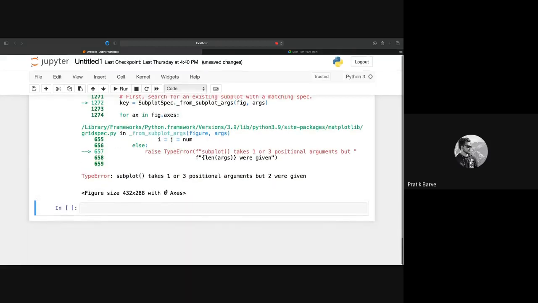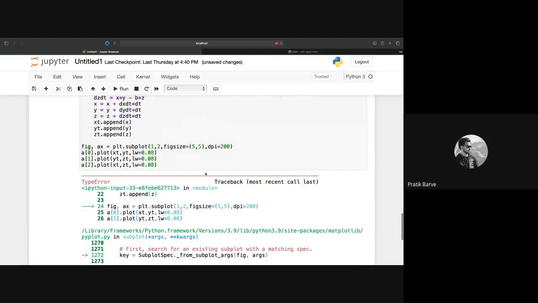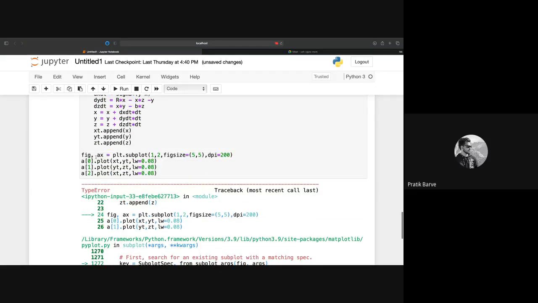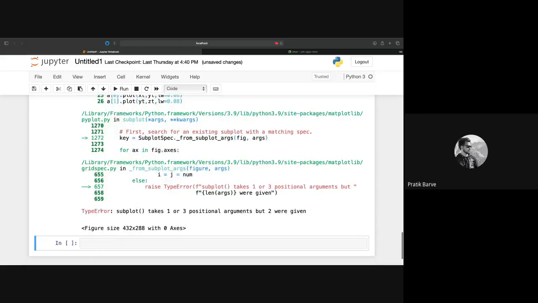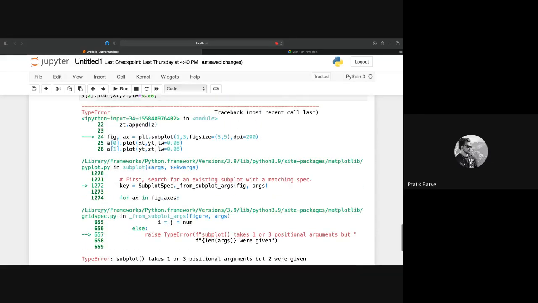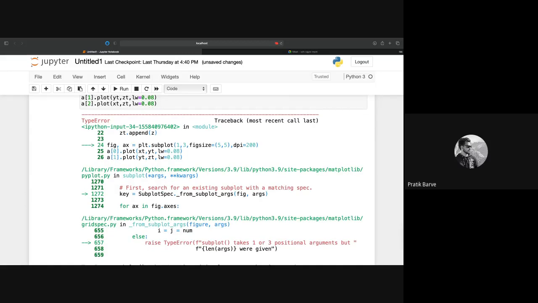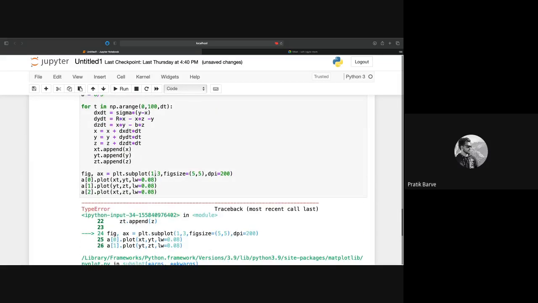Okay, what? It says 1 or 3 positional arguments. Okay, what is happening exactly? One row, 3 columns. That is right.